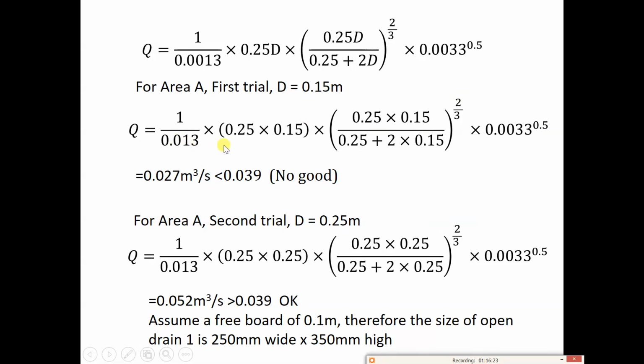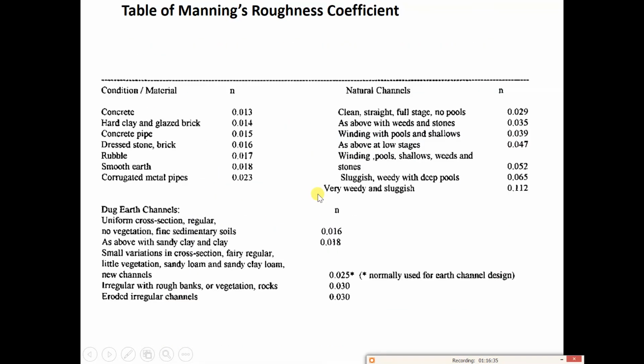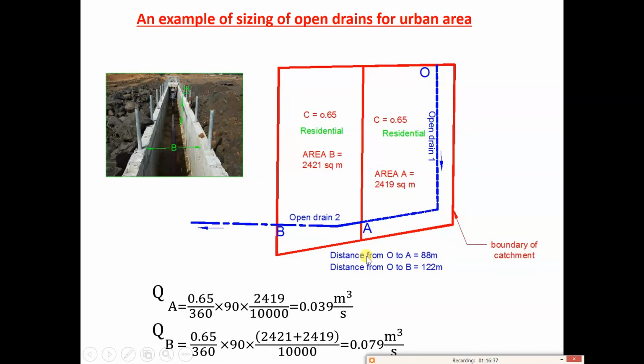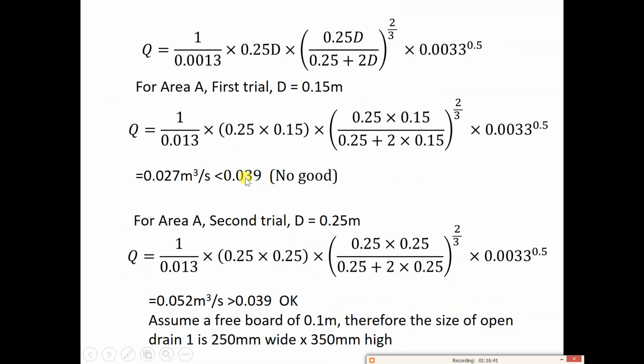We put it into this expression and it equals 0.027 for the depth of 0.15, and we need 0.039 for the peak discharge. So this one is not sufficient. So we try a second time with depth 0.25, and put it into the expression, and it's 0.052, which is greater than 0.039. So it's okay.